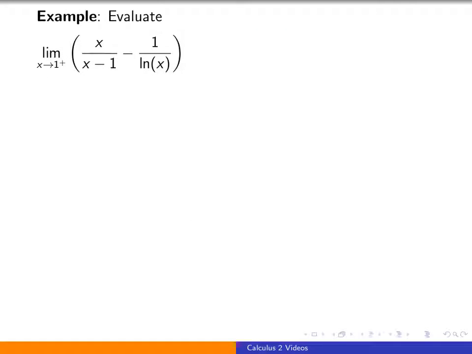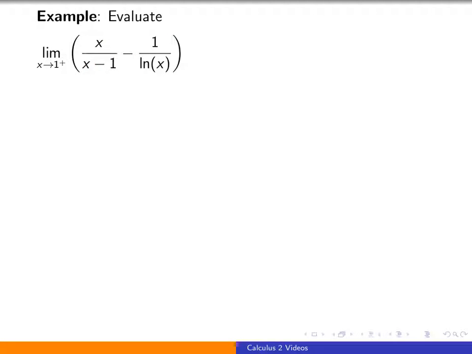So now one last example involving L'Hopital's rule. Let's evaluate the given limit as x approaches 1 from the right of x divided by x minus 1, minus 1 over ln of x. So let's think about what's happening to each of these two functions individually.